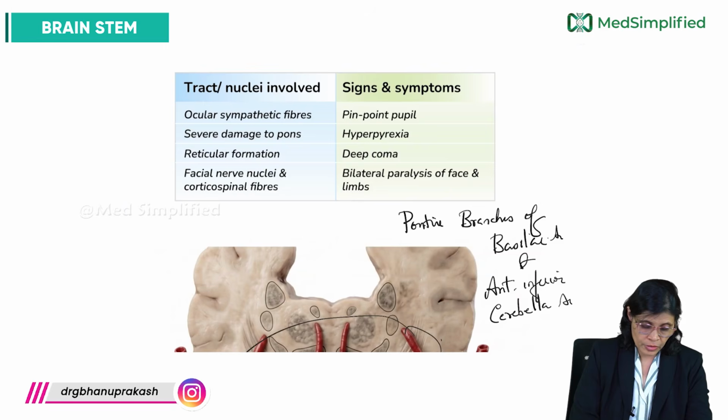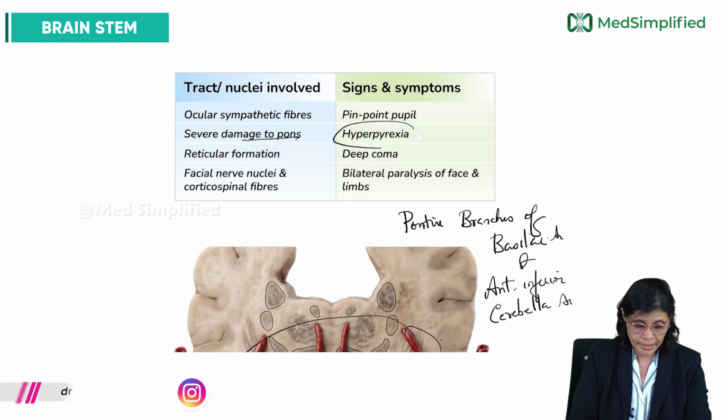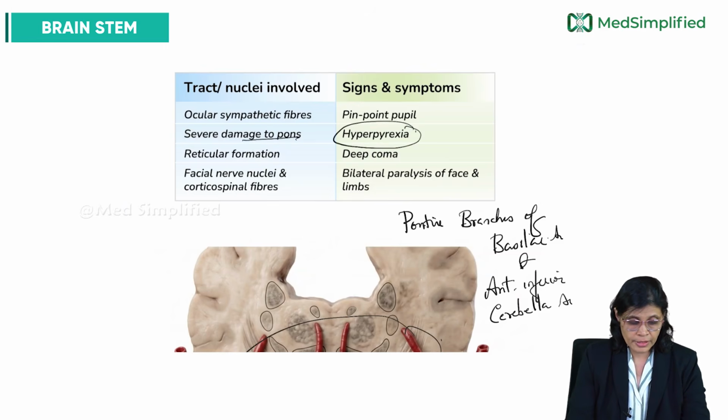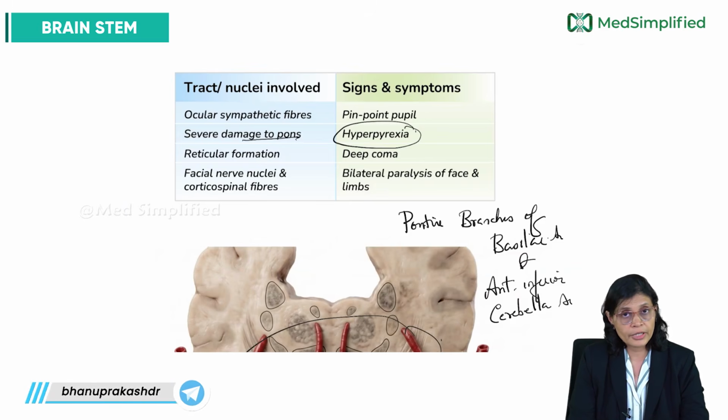Then, because of severe damage to the pons, there is hyperpyrexia. That is because the pons is cut off from the regulating centers in the hypothalamus.